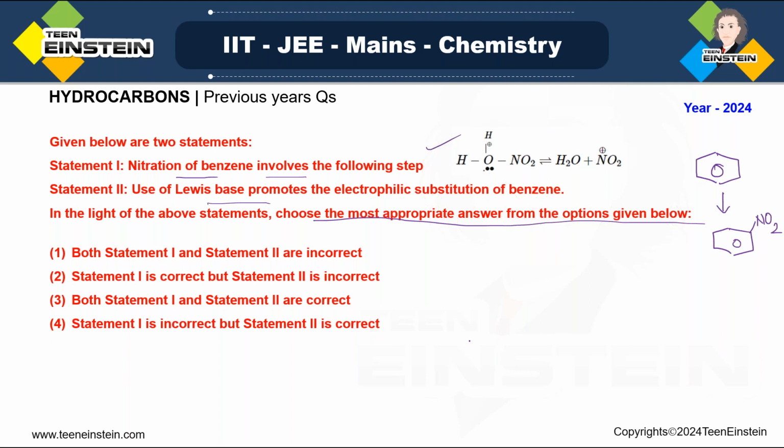But if you consider its mechanism, the first step that happens is the formation of the electrophile. So here this hydrogen is replaced by the electrophile, which is NO2 plus. And how is this NO2 plus generated? That is actually mentioned in this equation. As you can see, here we have HNO3, which is already positively charged.